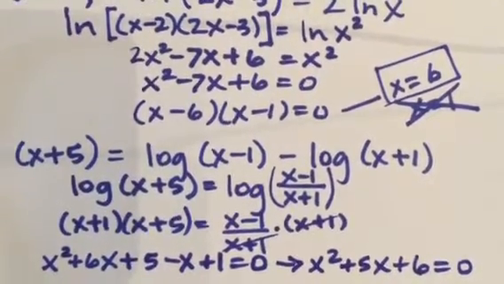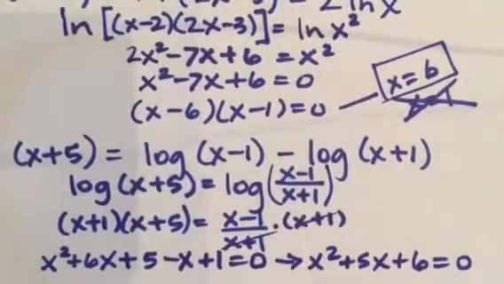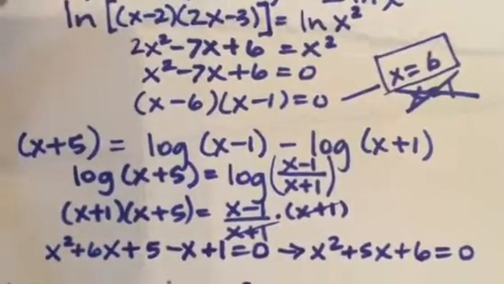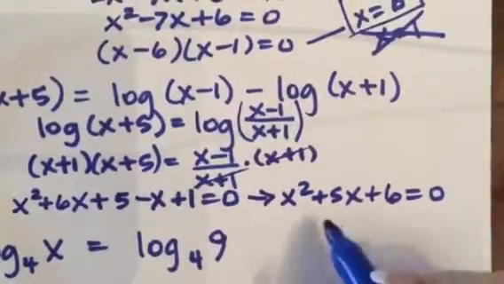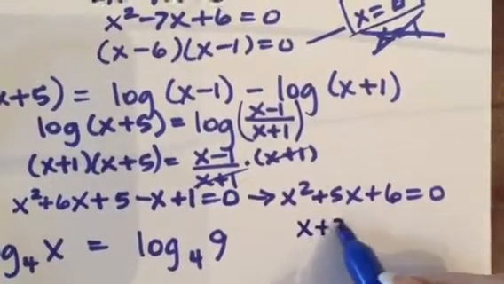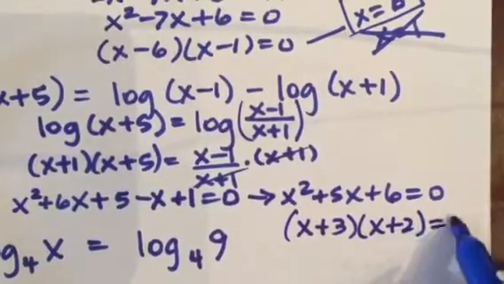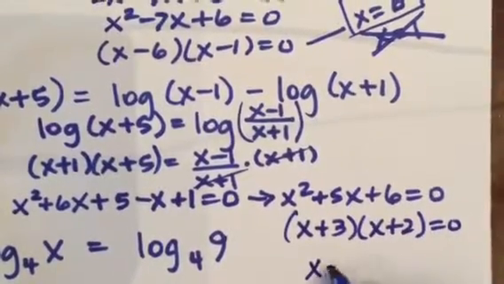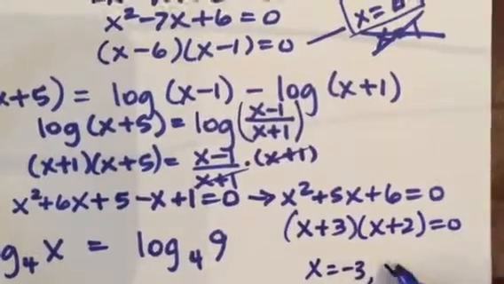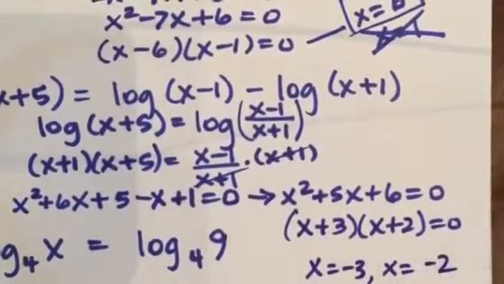And I think that I can factor that fairly easily. So we would end up with something that kind of looks like this. x plus 3 and x plus 2 is equal to 0. So x is equal to negative 3 and x is equal to negative 2.